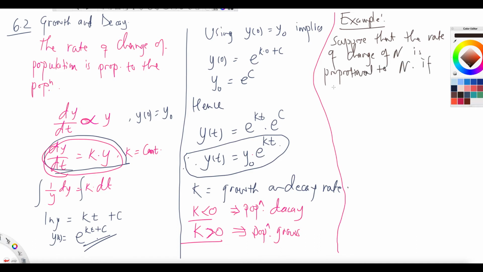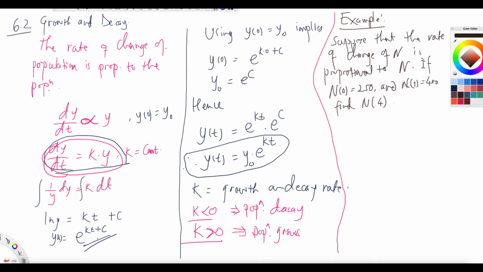If n at 0 equals 250 and n at 1 equals 400, find n at 4. Okay, that's what the question is asking.